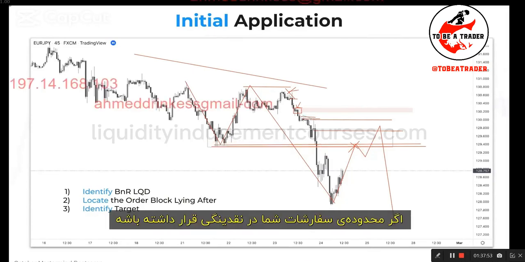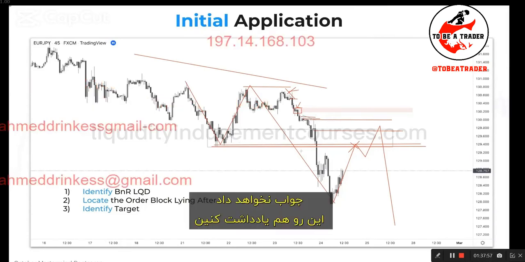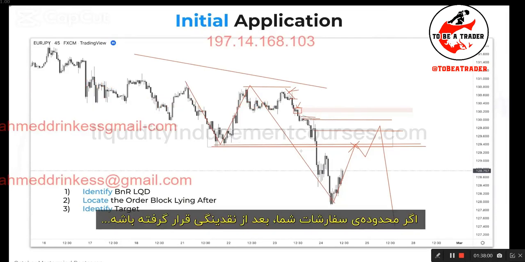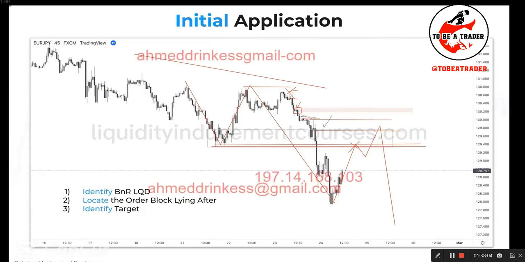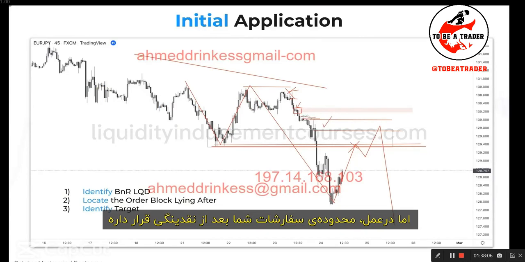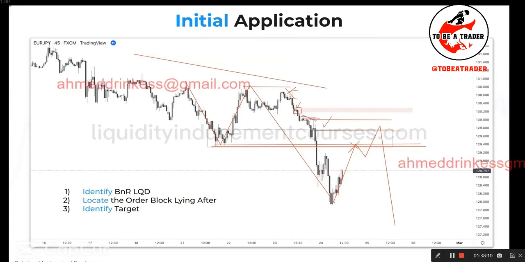If your order block is lying at liquidity, even if there's liquidity before it, it will not work out. And write that down. If your order block is lying at liquidity afterwards, right? After it, it's not valid.